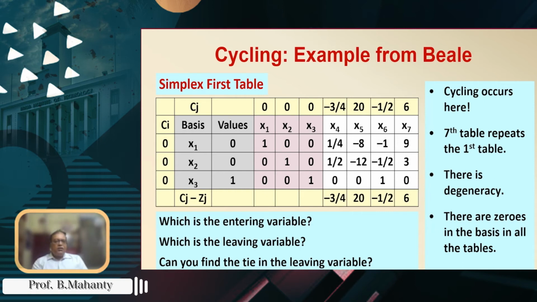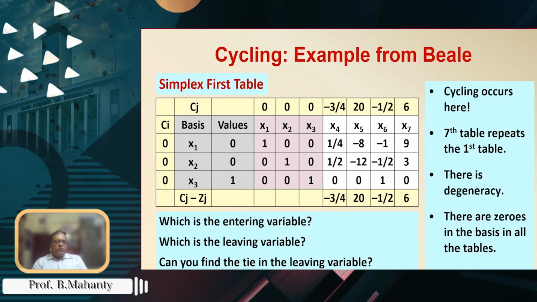All right, so in this particular problem, it is seen that cycling occurs. The seventh table repeats the first table, and there is degeneracy because there are zeros in the basis in all the tables. In fact, all the tables that you get subsequently will have zeros. That means already there is degeneracy. Now, you see it's a minimization problem. So x4 has the most negative Cj minus Zj, so x4 should be entering.